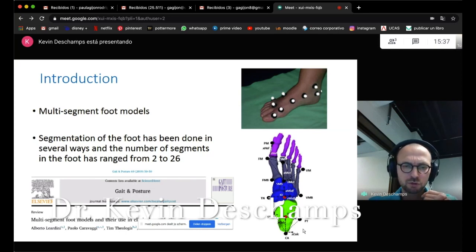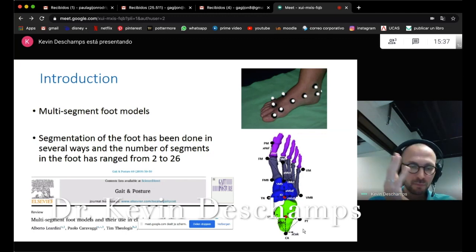The definition of other segments within the foot requires decisions to be made regarding bone grouping. We have seen in the literature that this has been driven by a number of contexts and expertises, and we see, for example, that the foot has been modeled with between 2 and 26 segments.